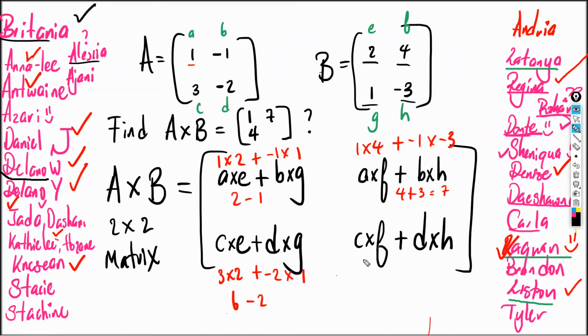The last space is C times F, which is 3 times 4, plus D times H, which is -2 times -3. -2 times -3 gives +6, and 3 times 4 is 12, so we end up with 18. And that's the answer. Make sense, guys?